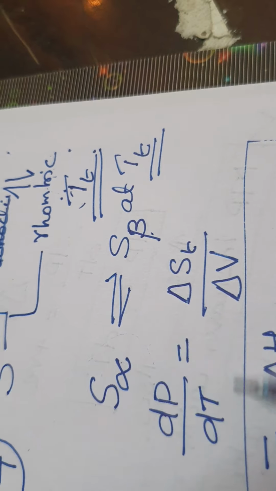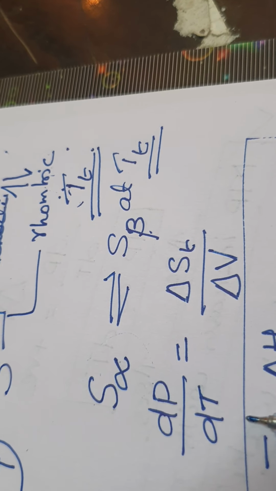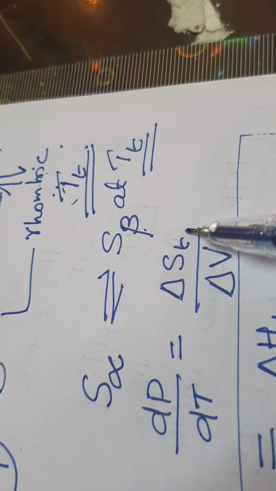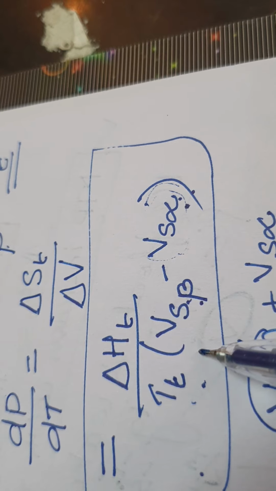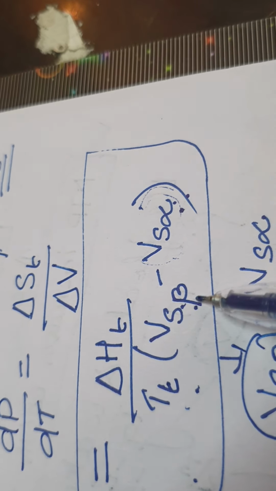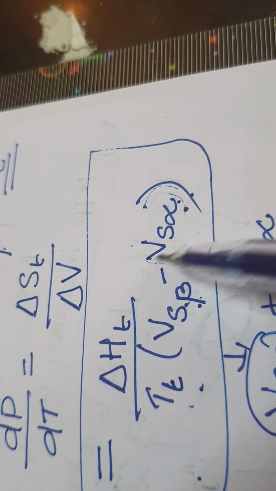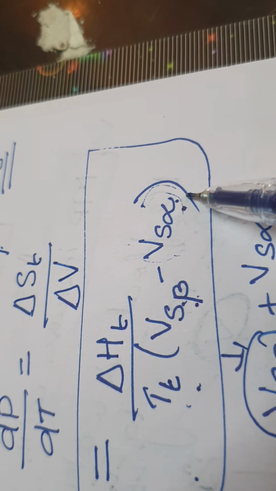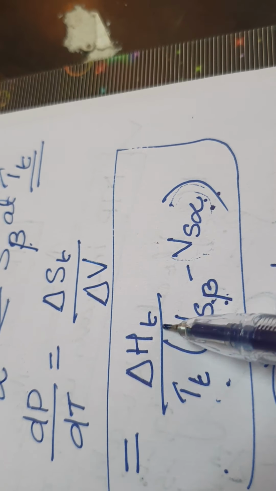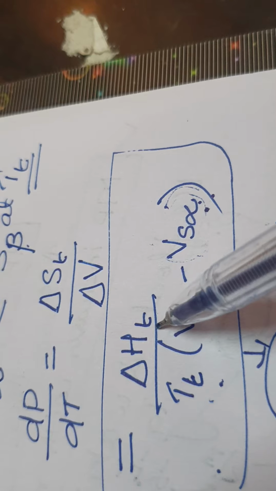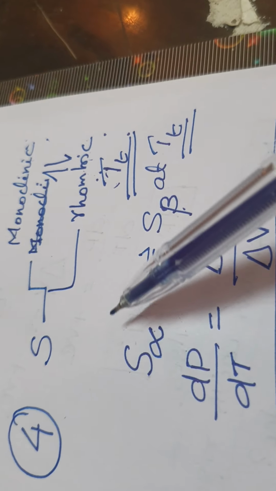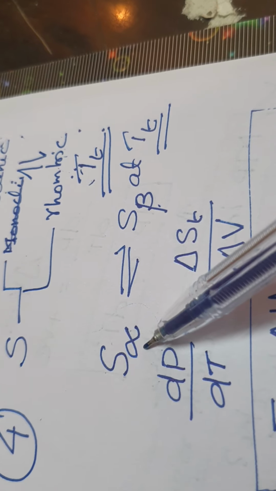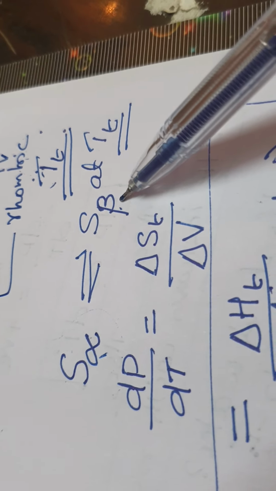So applying the Clapeyron equation, dP/dT is equal to delta S_T divided by delta V. So we can rewrite as delta H_T by T_T into (V solid in beta phase minus volume of solid in alpha phase). And delta H_T is molar heat of transition. This is the transition temperature. We are considering that a solid in alpha state is converted to beta.